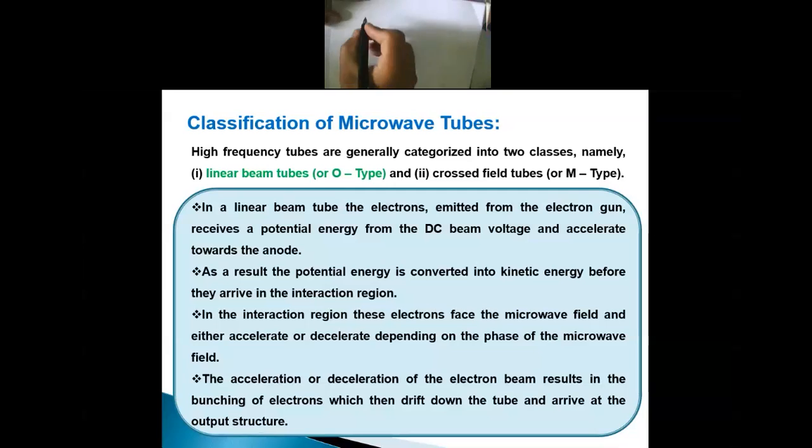So we say there is a cathode, and when it emits the electron, the electron is moving and the field is there, in the axial position.